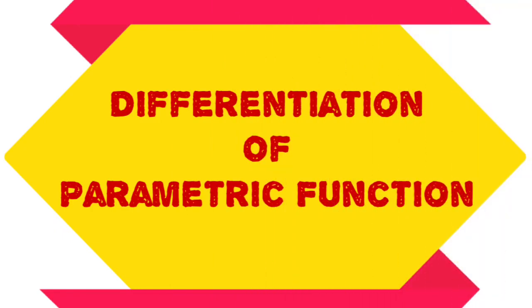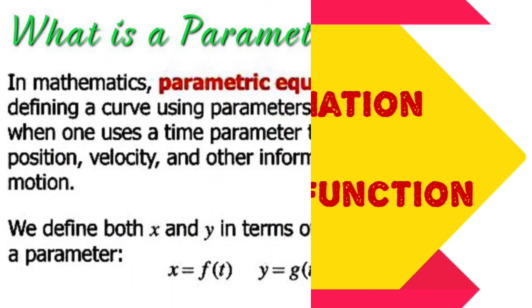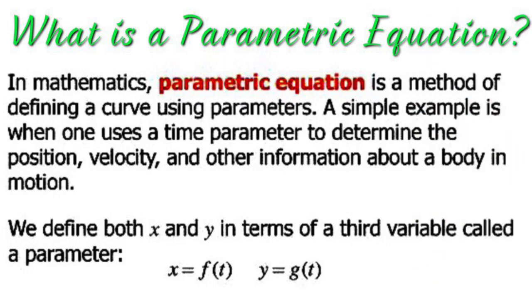In this module, we are going to study about differentiation of parametric function. Now, when we talk about parametric function, the first question that comes to mind is: what is a parametric equation?